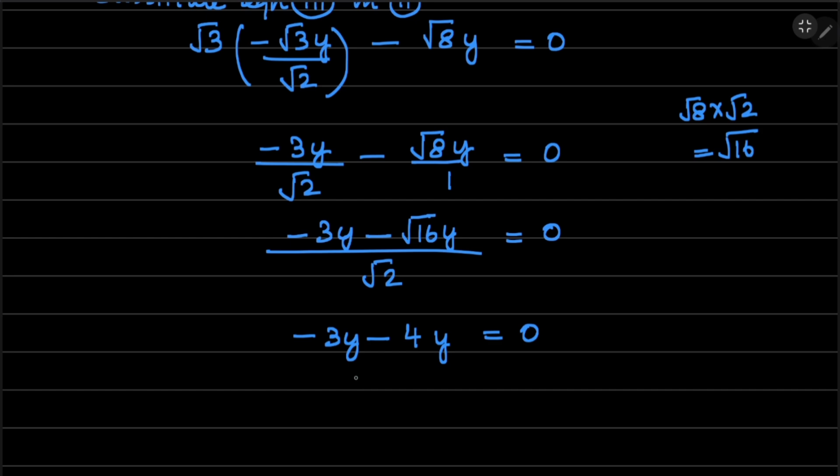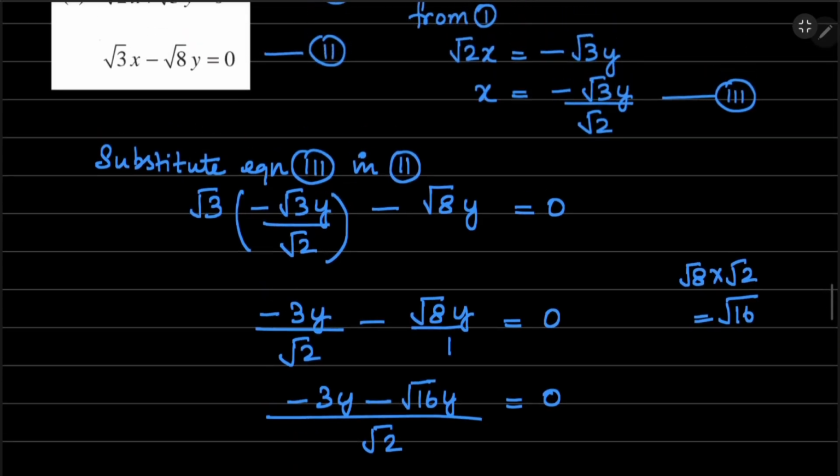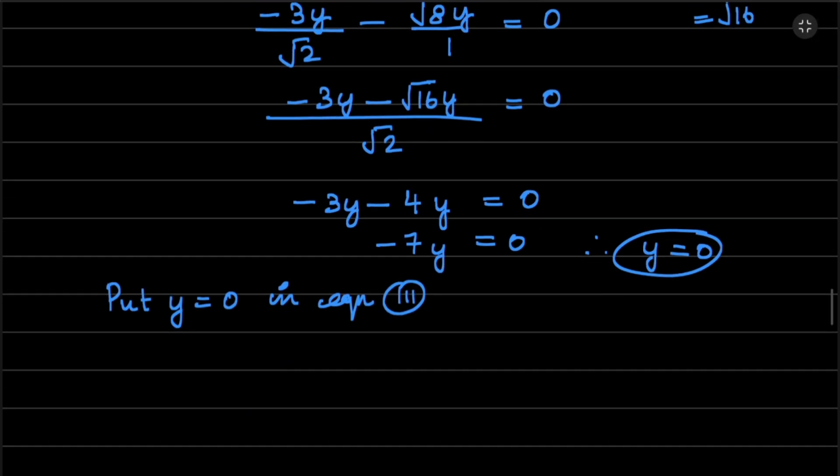So what is here? Minus 3y minus 4y is minus 7y equal to 0. Therefore, y is equal to 0. Okay, so you can put y equal to 0 in equation 3. So what is your equation 3? x equal to minus root 3y by root 2. So therefore, you are also getting x as 0.